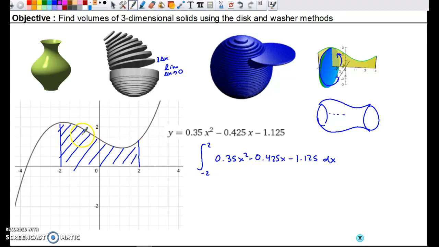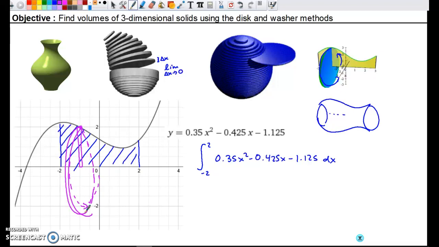But now let's imagine if I were to take those infinite number of rectangles and rotate them around the x-axis and make a cylinder. It looks something like this. You have to use your mind to imagine what that would look like. It's going to be this three-dimensional cylinder.